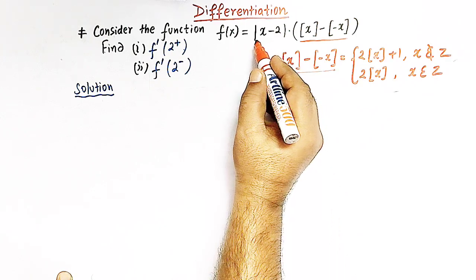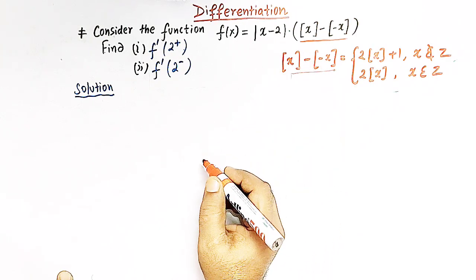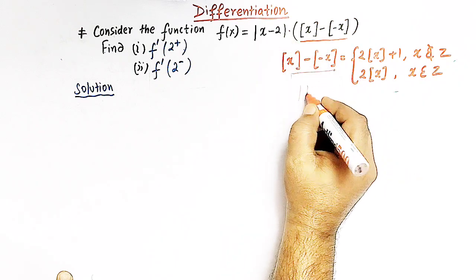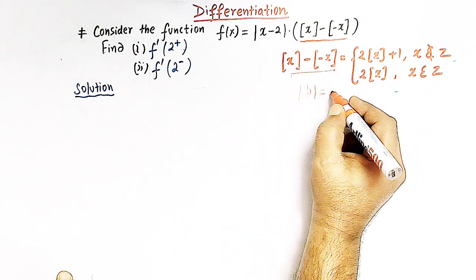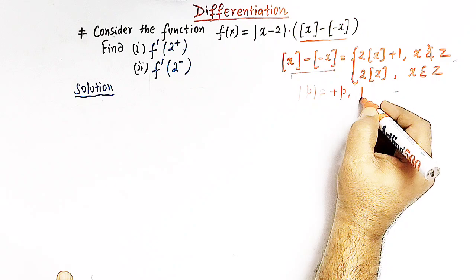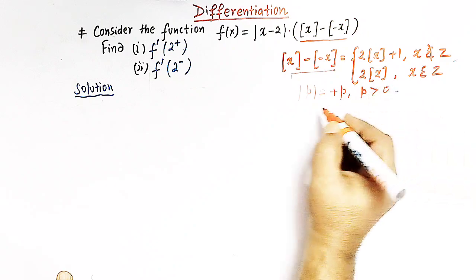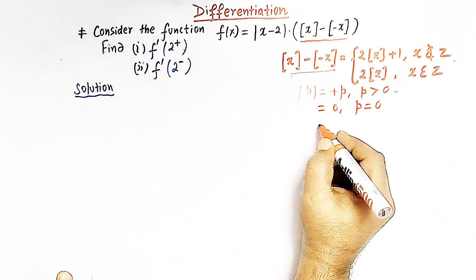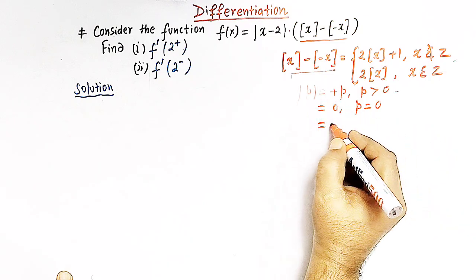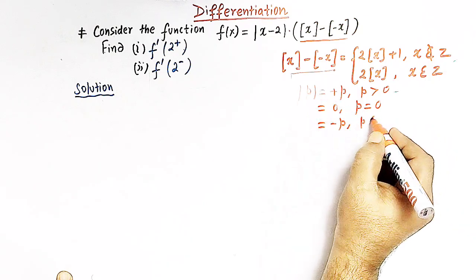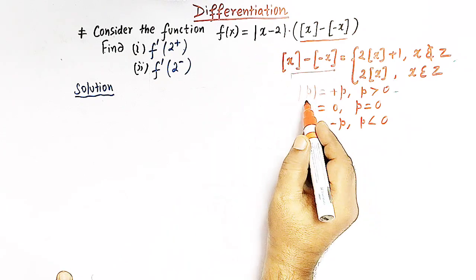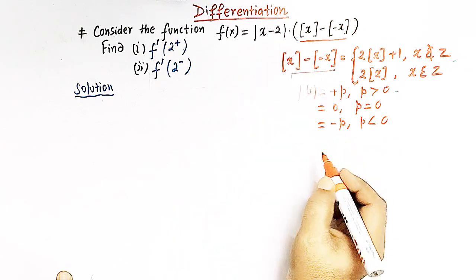So now here we have a mod of x minus 2. So let us see the definition of mod function. So mod of p is defined as positive p whenever p is greater than 0, and mod of p is 0 when p is equal to 0, and mod of p is negative p when p is less than 0, right? So here for p we have x minus 2.